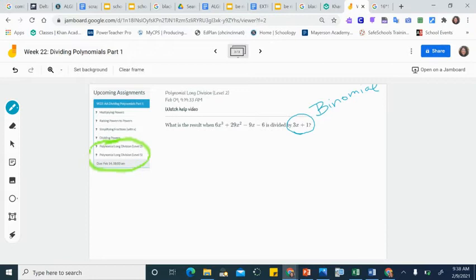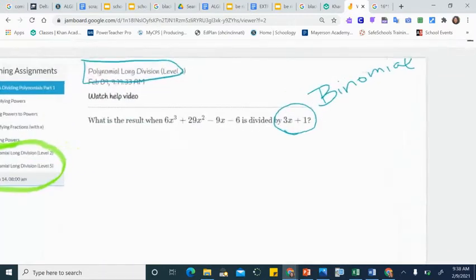What we're about to do, you can do with a trinomial, any polynomial of any size, but you don't need to do it if it's just a monomial. We need to do long division for binomials or higher. Later, I'll show you a shorter way that you can use sometimes, but not yet.